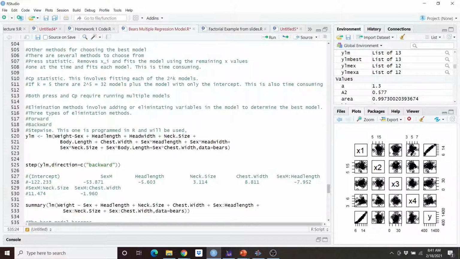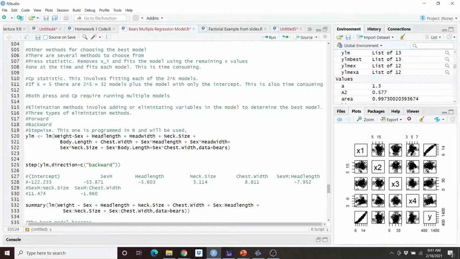Another method is the Mallows Cp method. This is another way to choose a best model from several choices. So for a given regression problem, one computes a Cp statistic for every regression equation that is fit. The preferred Cp value is the smallest with Cp near p, where p represents the parameters in the model that include all p parameters and their subsets, along with the model which only includes the intercept.